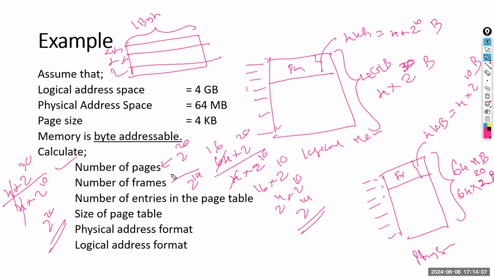As a logic, the program sees that there are 2 to the power 20 pages. But in reality, in physical memory, there are only 2 to the power 14 frames. So the rest, 2 to the power 6 times 2 to the power 14, are in virtual memory or the secondary storage. If you want to access that, it must be swapped with another one.